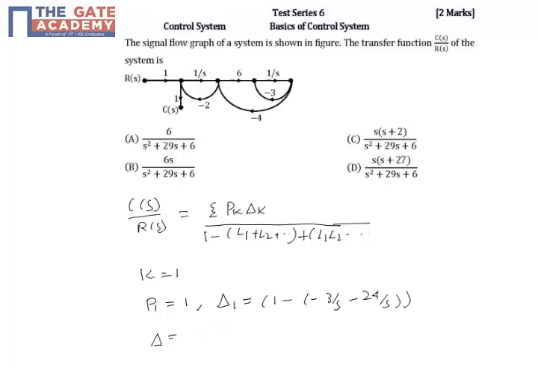Now we have to find Δ, and for finding Δ we have to consider this loop as well. It is 1 minus, minus 2/s, the gain of this smaller loop, and then minus 3/s for this loop, and then there is one more loop, 6 into 1/s into minus 4, so minus 24/s, plus 6/s².